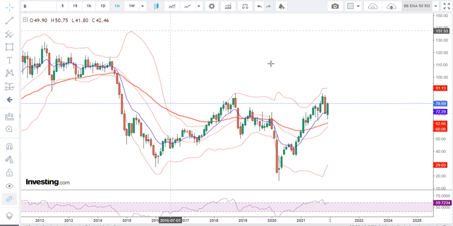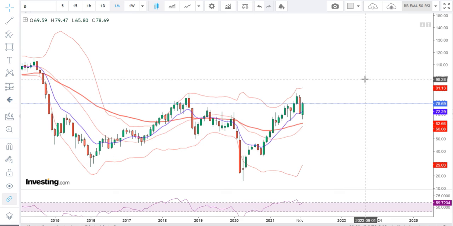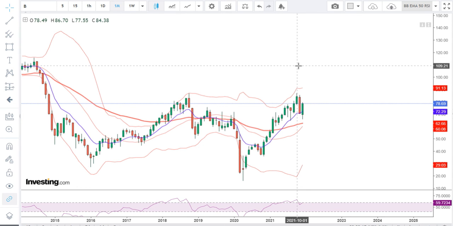And if we see the monthly chart, in the month of November, there was a good sell off in this particular instrument. Thereafter, during this month, it is trying to regain the losses incurred in the month of November.